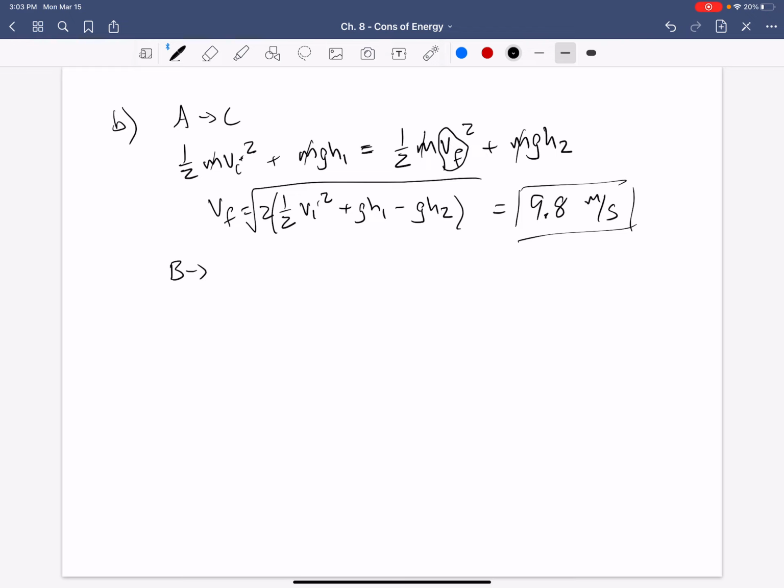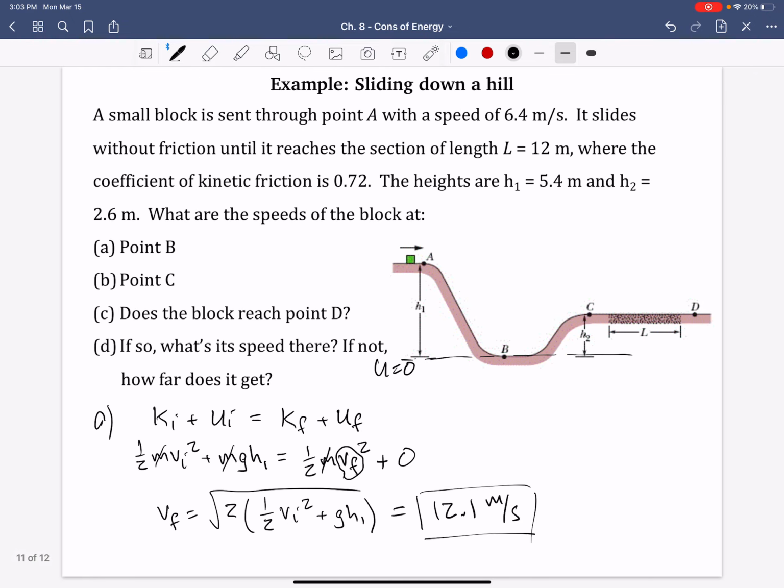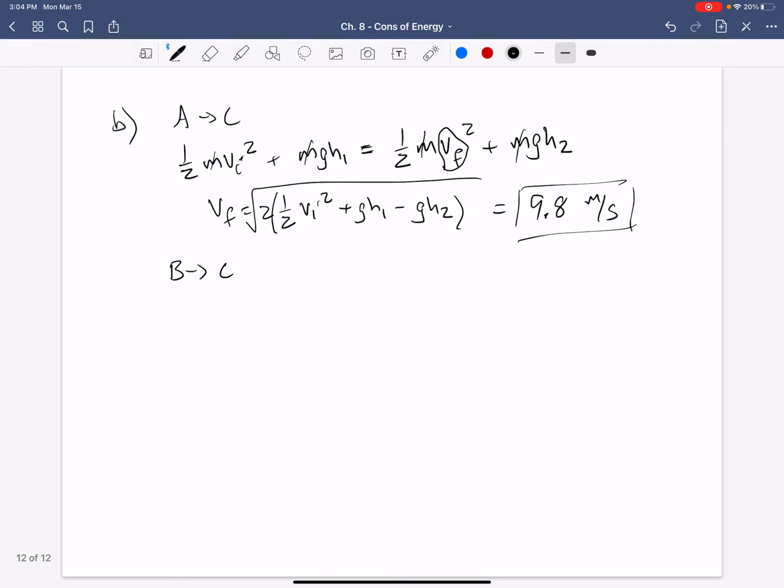And you can do it from B to C, right? So now the initial point is down here at point B. Well, let's see, we have initial kinetic energy, plus 0 for the potential energy, because it's where we're measuring it from. And the right side should stay about the same. Okay.